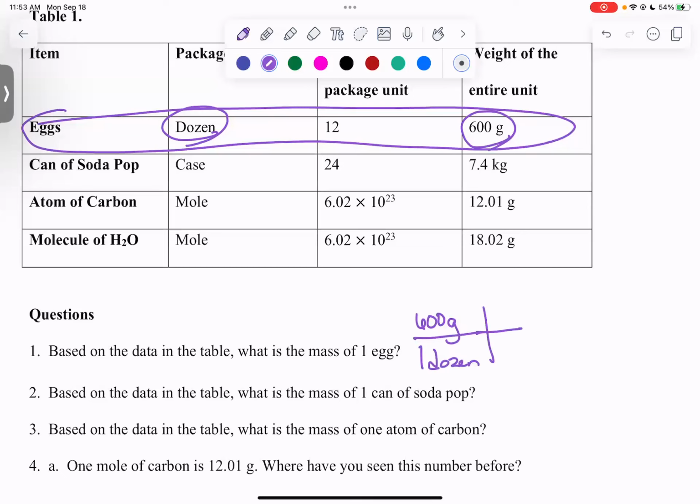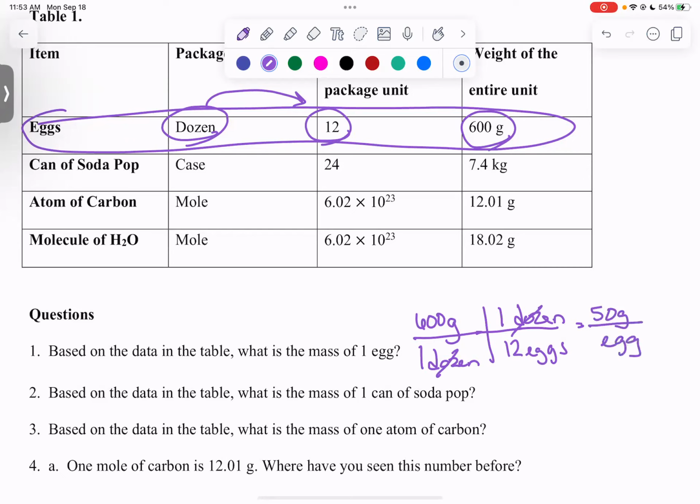Now, I know that in 1 dozen eggs, there are 12 eggs. Most of you could go, oh, I know it was 600 divided by 12. But if you do this, you can see that the dozen cancel, and we're left with 50 grams per egg. And so our units work out. So it's kind of important to monitor that.